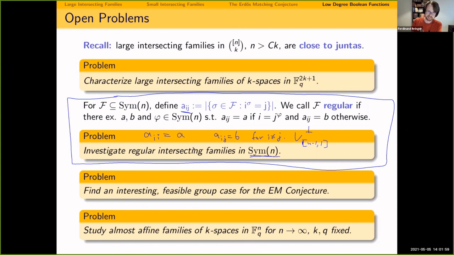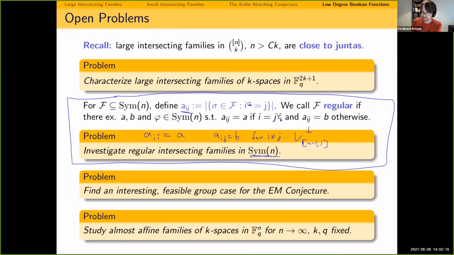Of course, this is no bad definition, because we can just apply some permutation to all our elements, and then it's no longer regular intersecting in this sense. And that is why I have this sigma up here.